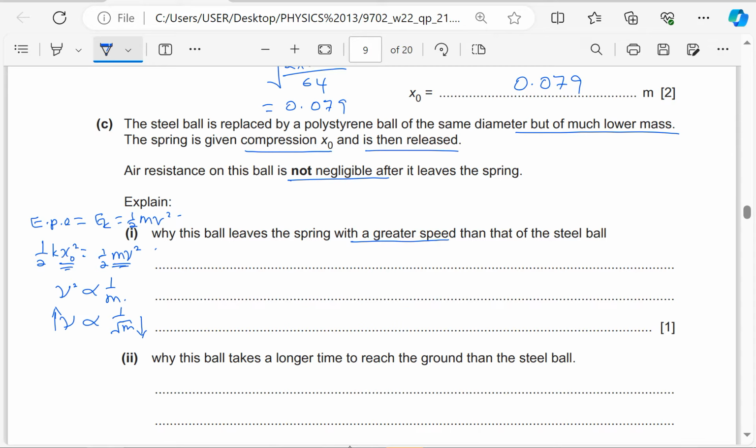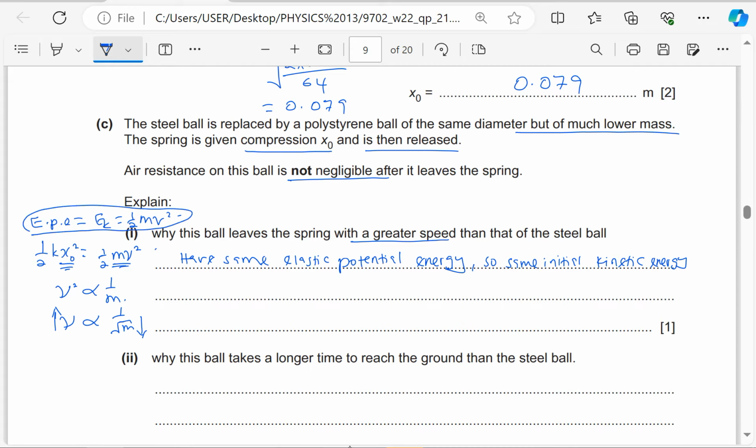So I'll say they have the same elastic potential energy. That means they have the same initial kinetic energy, because initially the elastic potential energy is equal to the initial kinetic energy.